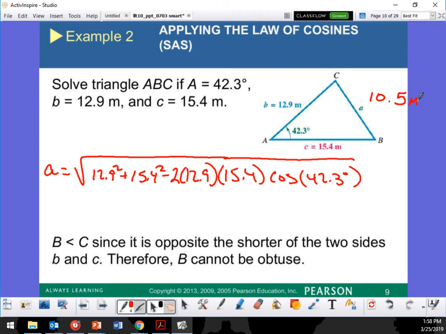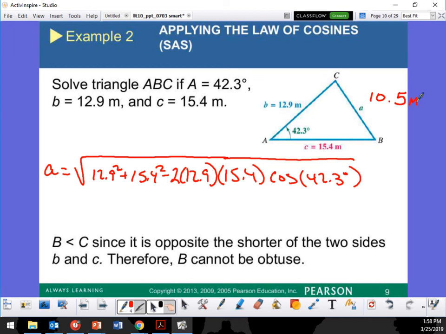Now, in this case it says solve the triangle. That means I need to solve for everything in this triangle. Look carefully at the information I have here.